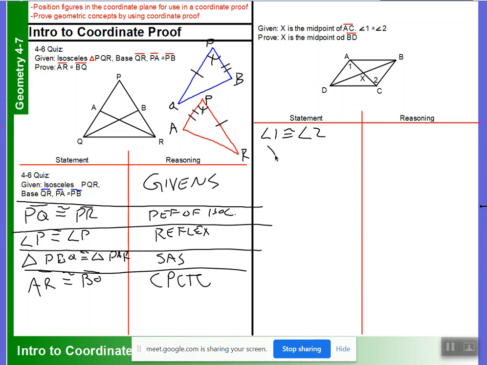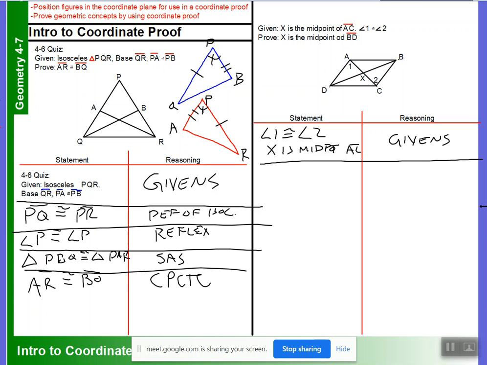Okay. I think there's a theorem we're forgetting, and that's why we're having trouble. Okay, so these are our givens. And so we're trying to prove that X is the midpoint of DB, right?